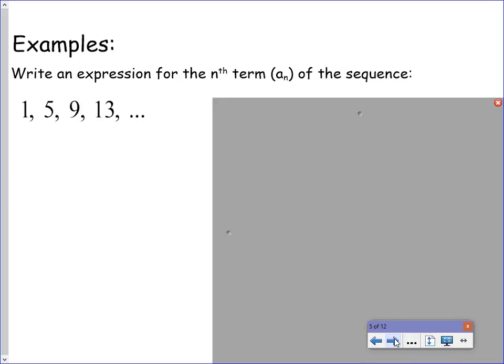Okay. Write an expression for the nth term of the sequence. So now if I give you a sequence, 1, 5, 9, 13, can you write what I would call a rule for the sequence? So basically I'm asking you to go backwards from what we just did.